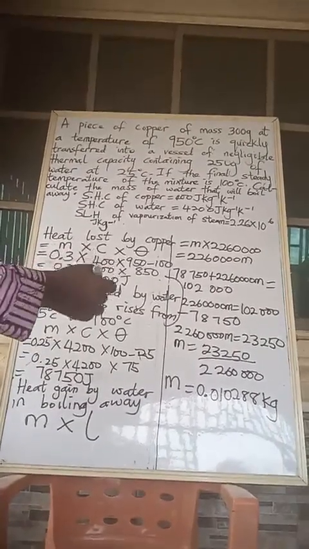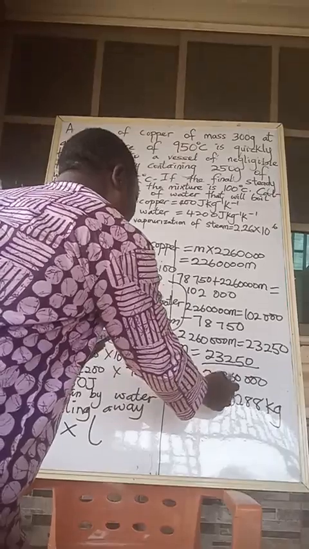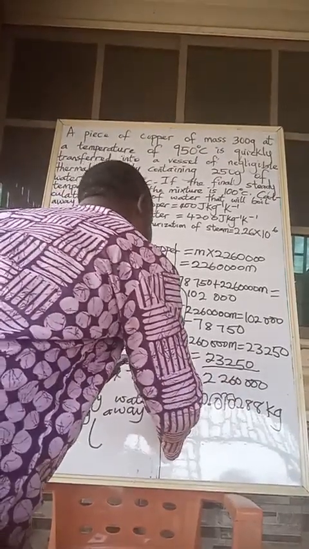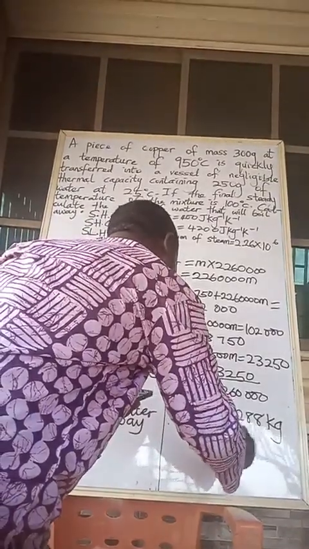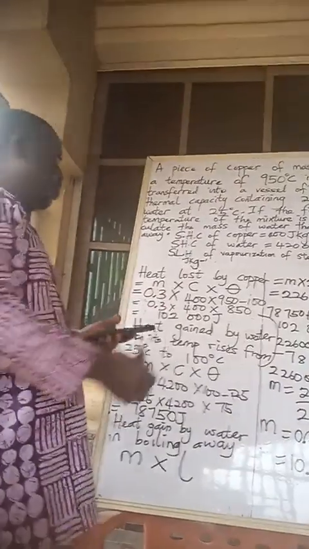If you want to change this to grams, you have to multiply it by 1,000, and that will give us 10.3 grams. This is the mass of water that we boil away.